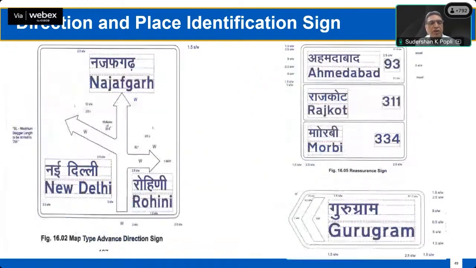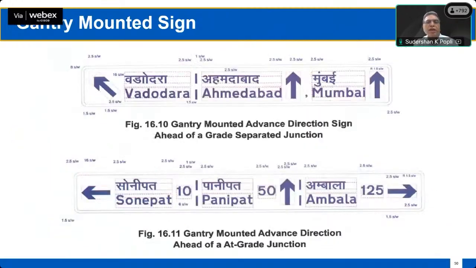Then the advance direction and map type signs are placed, and the reassurance signs after the intersection, that is Ahmedabad, Rajkot, Morbi, meaning whatever three destinations you have to go to further, those are mentioned. And these are flag type destination signs. Then gantry mounted signs, it is figure 16.10 from IRC 67.